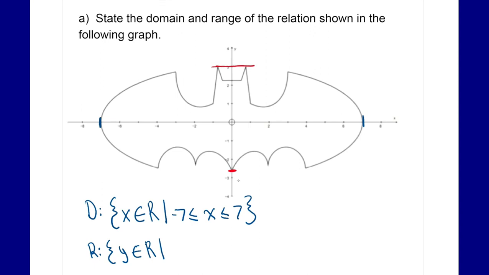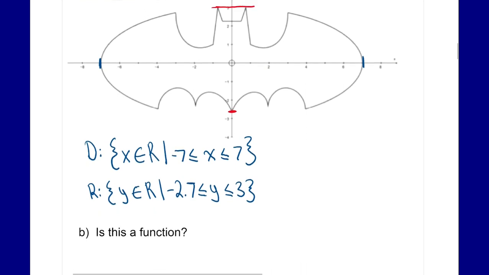So the lowest, we can make an approximation, maybe about -2.5, or say -2, maybe a bit more than half, we'll say -2.7, just for it's a little bit over half. So -2.7 is the minimum, so y is greater than or equal to -2.7, but it is less than or equal to the highest value, which is 3. So that is the domain and range for this function.